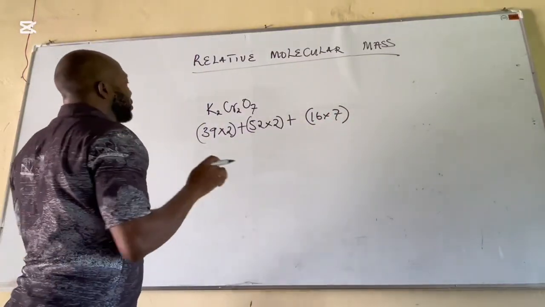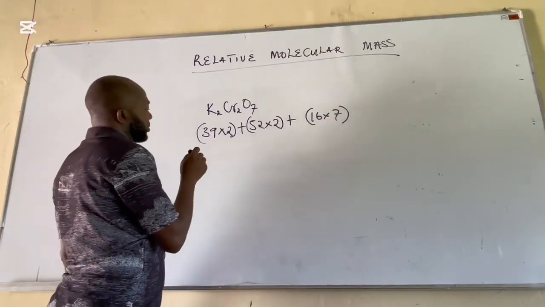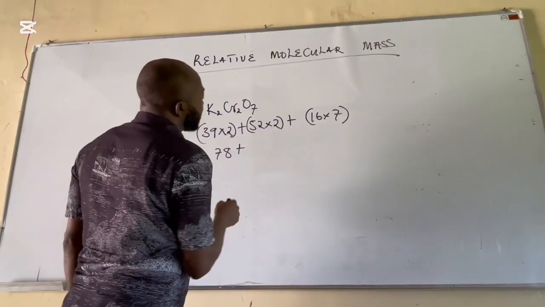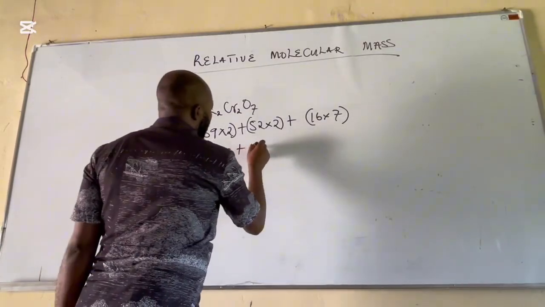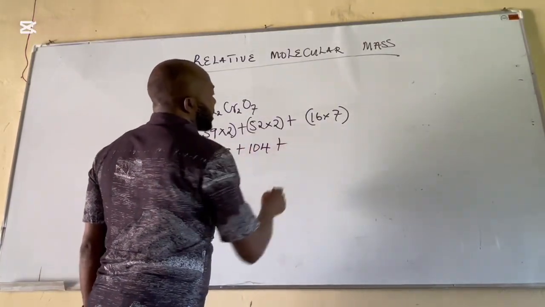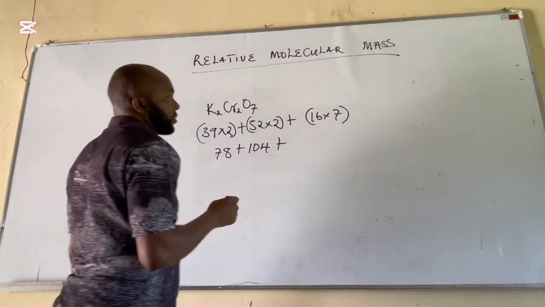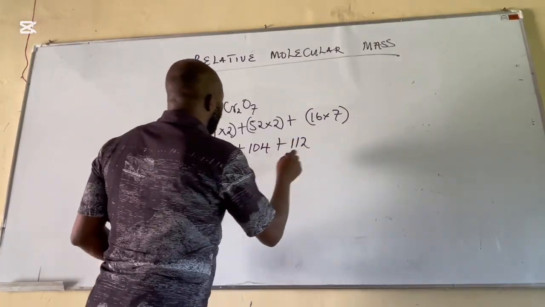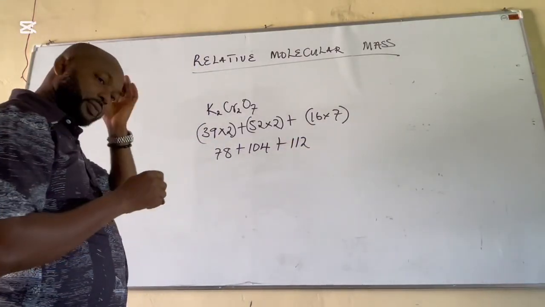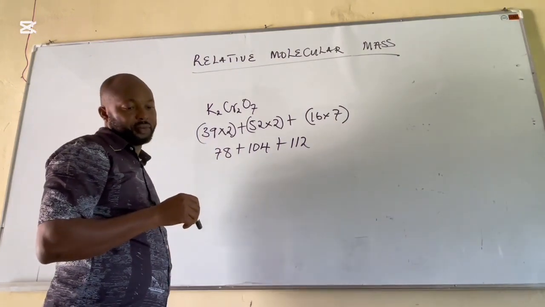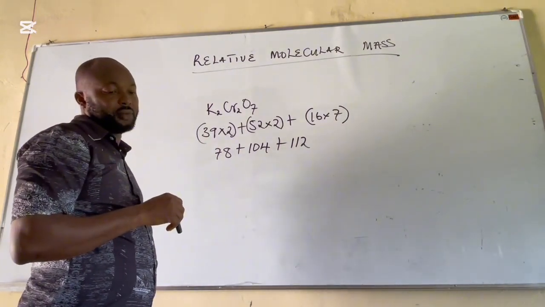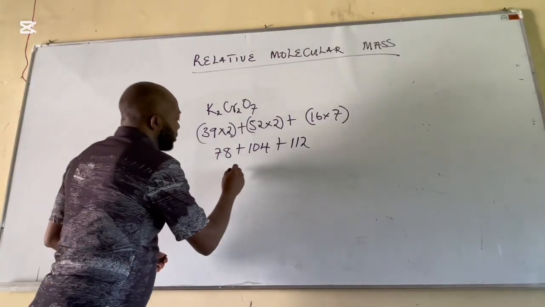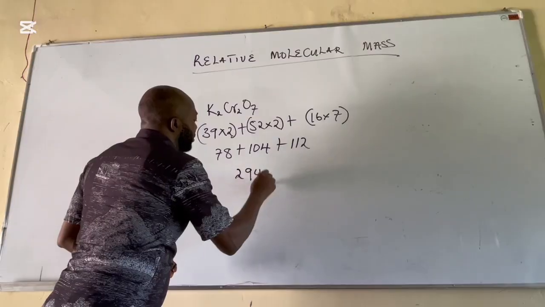Now 39 times 2 is what? 78. 78 plus 52 times 2, 104. 16 times 7, 112. So all of these will give us what? 78 plus 104 plus 112, 294.